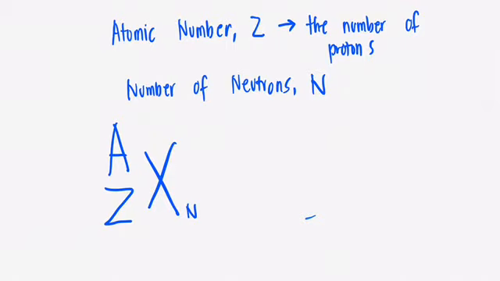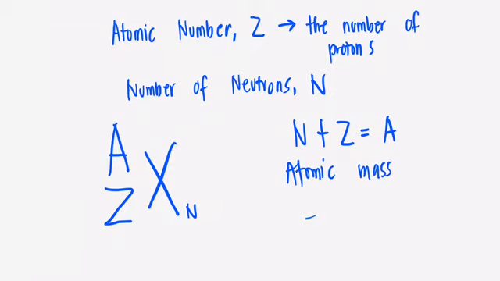The value in much more common use is the sum. The sum of the number of neutrons plus the number of protons is equal to A. So the A is your atomic mass number.